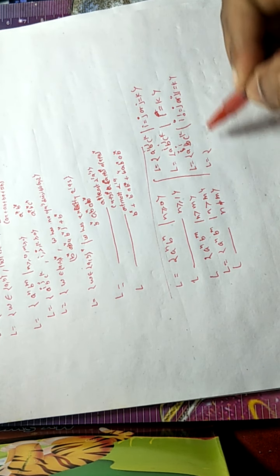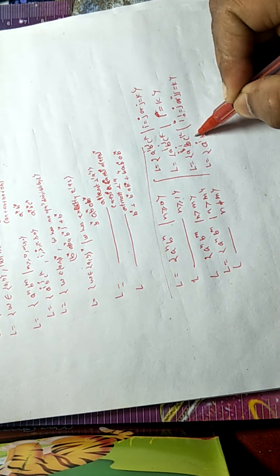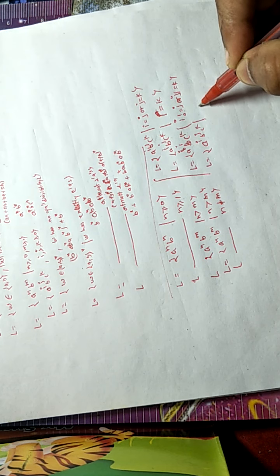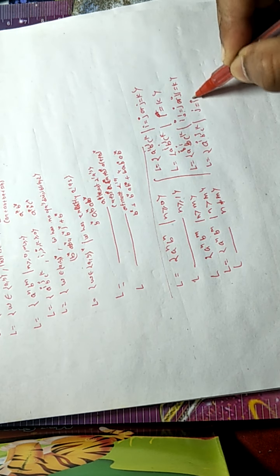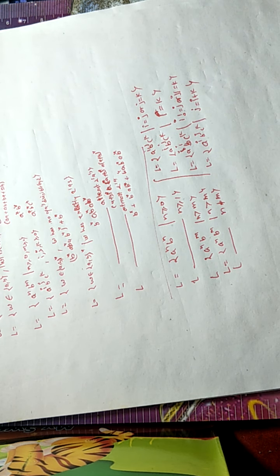Similarly, we built grammar for a raised to power i, b raised to power j, c raised to power k, where j equal to i plus k. It may be as i is equal to j plus k, or k is equal to i plus j, or j greater than i plus k, or j greater than equal to i plus k, or i greater than j plus k, or various variants of similar kind of language.